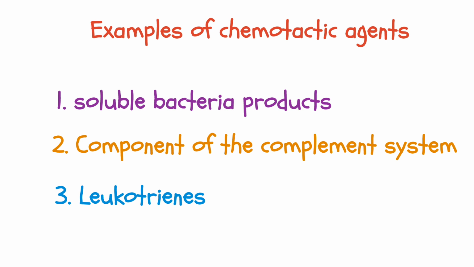These chemotactic agents are just calling the leukocytes to themselves. They'll be like, leukocytes, come to mama. So they're drawing leukocytes to the site of injury. I hope you guys understand.